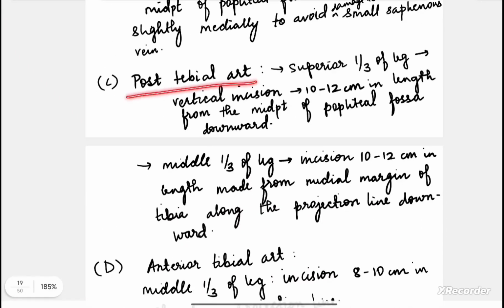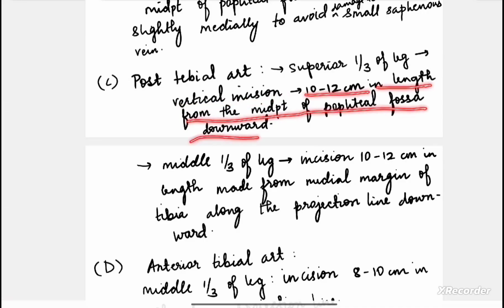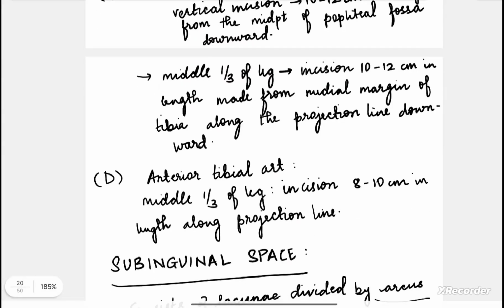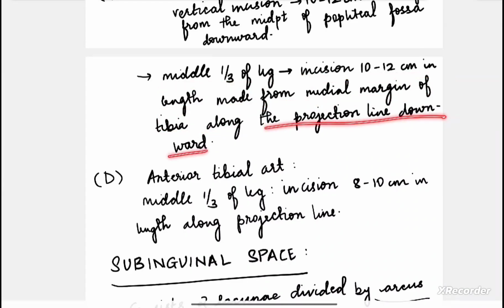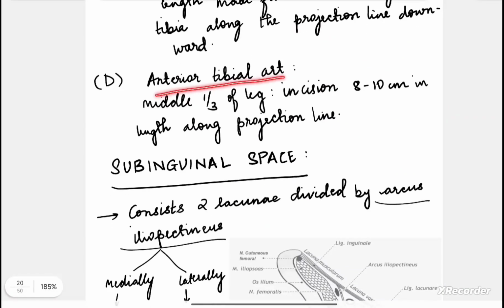Posterior tibial artery: in the superior third of the leg, a vertical incision of 10 to 12 cm from the midpoint of the popliteal fossa downward. In the middle third of the leg, the incision is 10 to 12 cm, made from the medial margin of the tibia along the projection line downwards. Anterior tibial artery: in the middle third of the leg, the incision is 8 to 10 cm along the projection line.